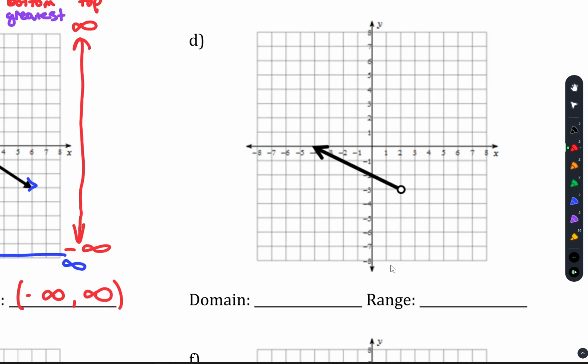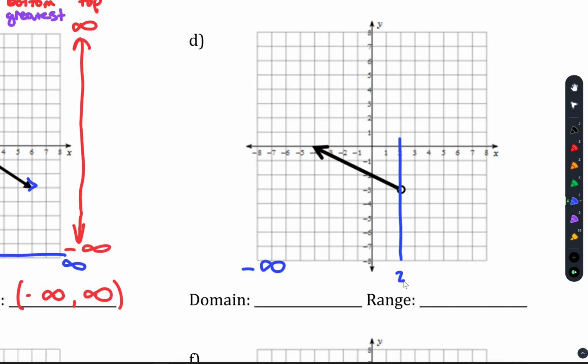Anybody want to try letter D? What do we think for the domain for letter D? Jaden? -infinity to... Perfect.